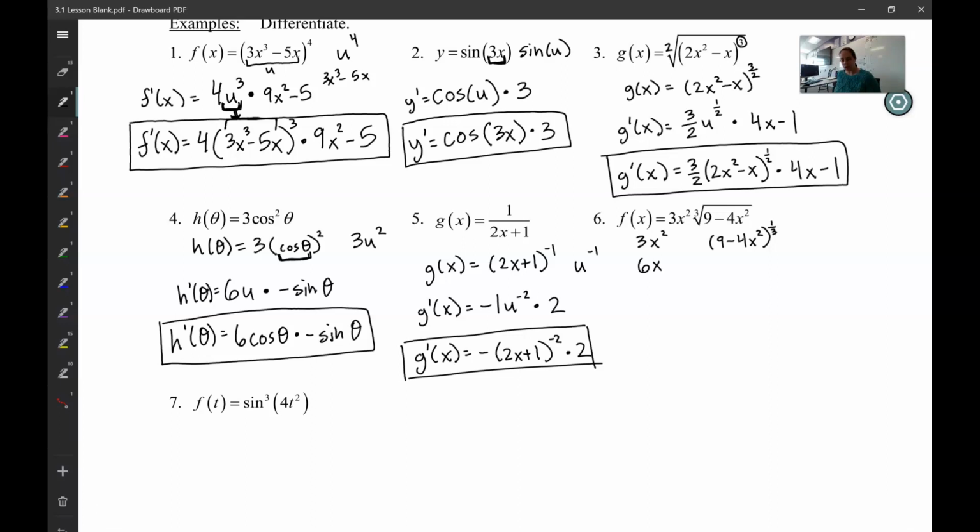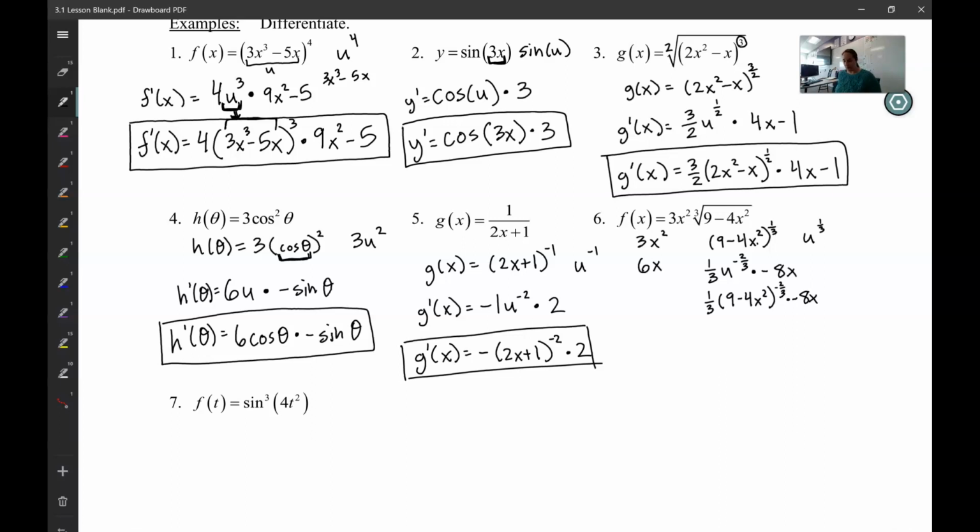Here's my chain rule. So this is going to be u to the 1/3. So I take the derivative of the mommy function times the derivative of the baby function, which is going to be negative 8x. And then I'm going to substitute u back in there. And this is what I've got.